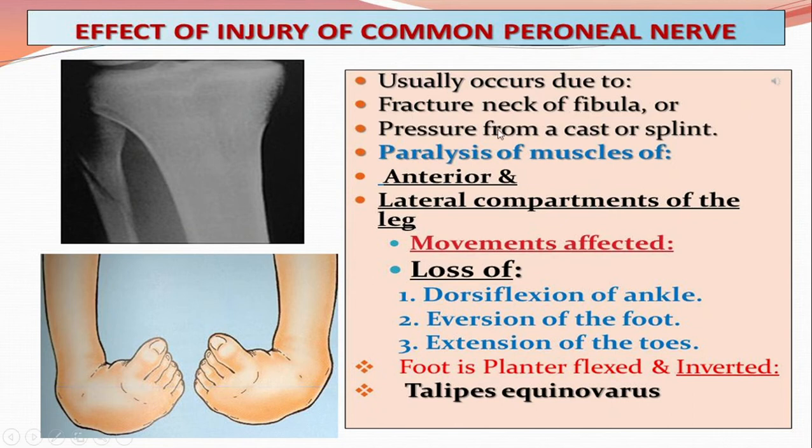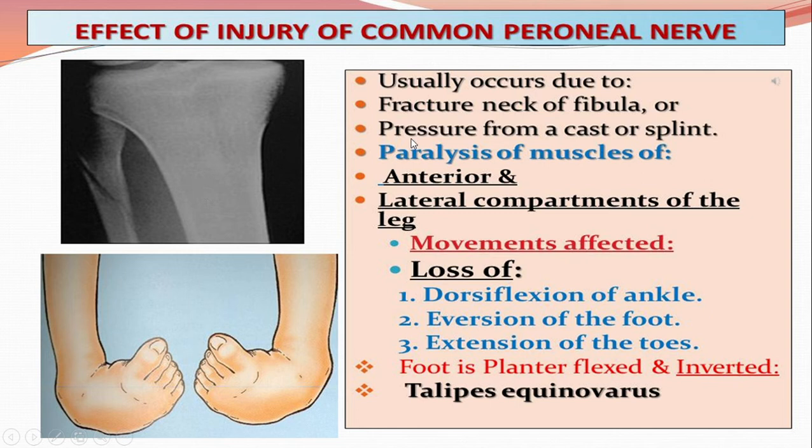Individual injury to superficial fibular nerve is not very common. It is commonly associated with the paralysis or injury of deep peroneal fibers also, and this occurs with the fibular fracture and injury to common peroneal nerve. And this common peroneal nerve injury usually occurs due to fracture of neck of fibula or pressure from a cast or splint.